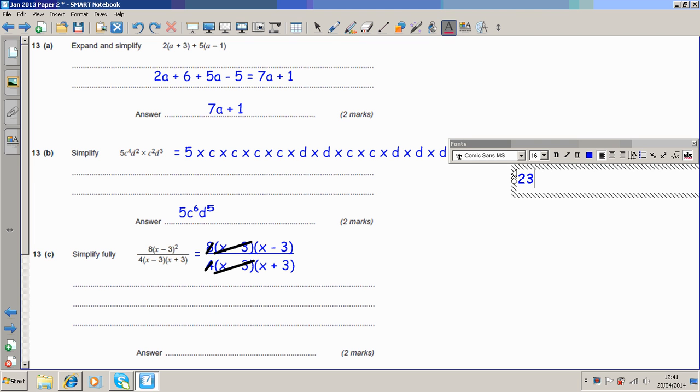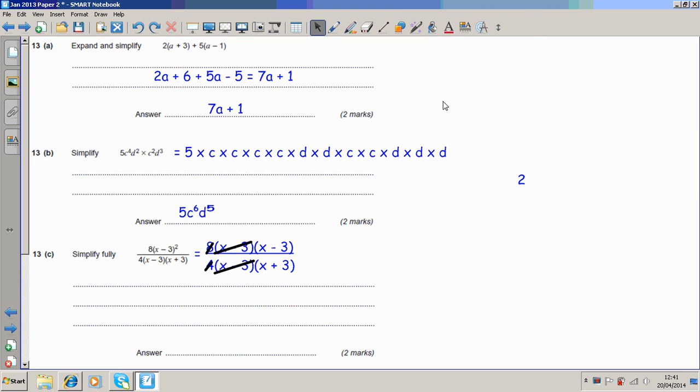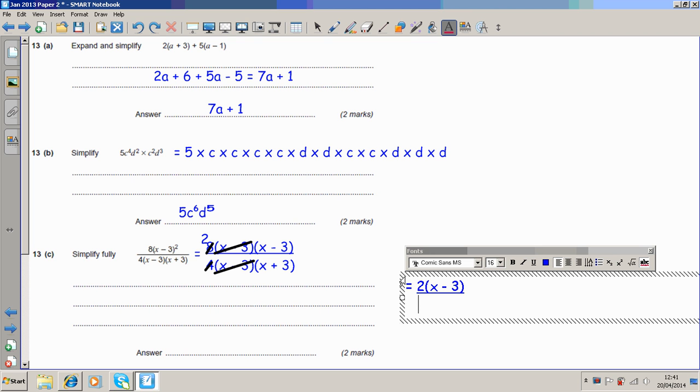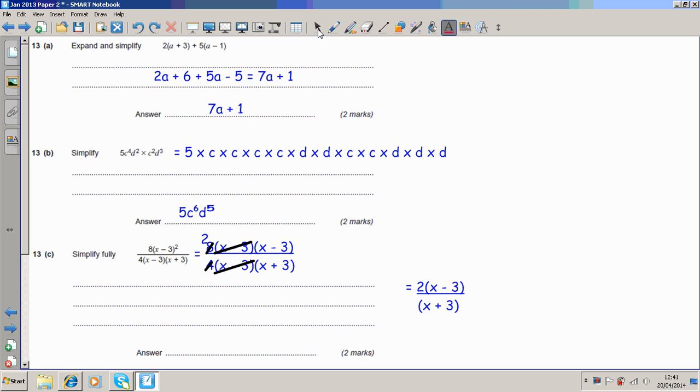So I can cancel that down and change it to 2. So now I'm just going to tidy that up a little bit. That's going to be equal to 2 lots of x minus 3, and on the bottom x plus 3. And then we're there.